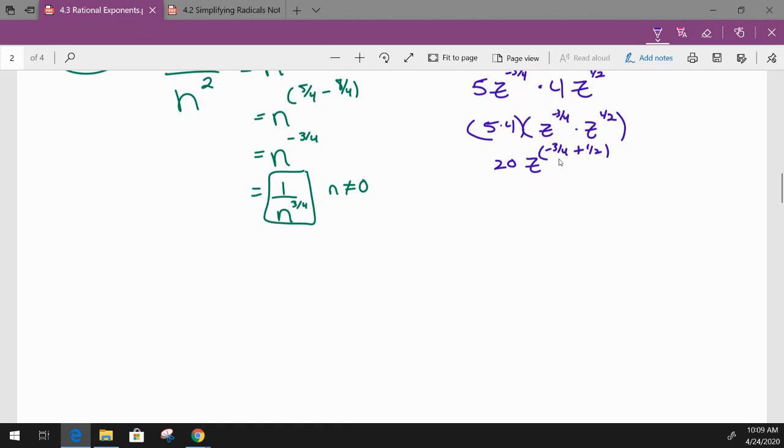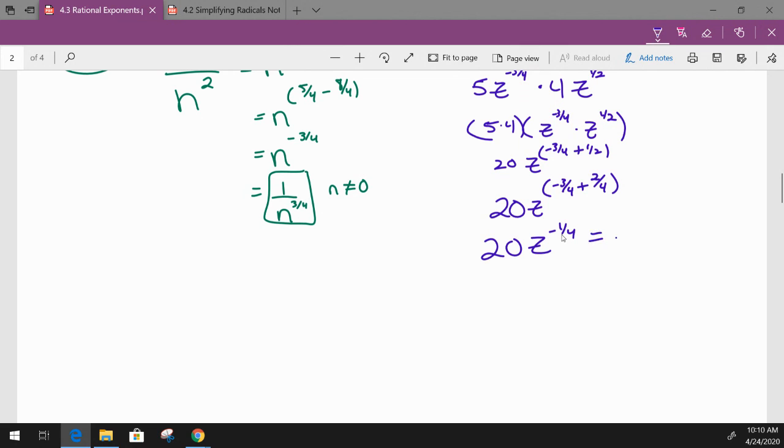Our common denominator is 4. So the negative 3/4 already has a denominator of 4. Multiply the 1/2 by 2 on the top and the bottom, so you get 2/4. When you add those together, you get z now to the negative 1/4 power with a coefficient of 20.